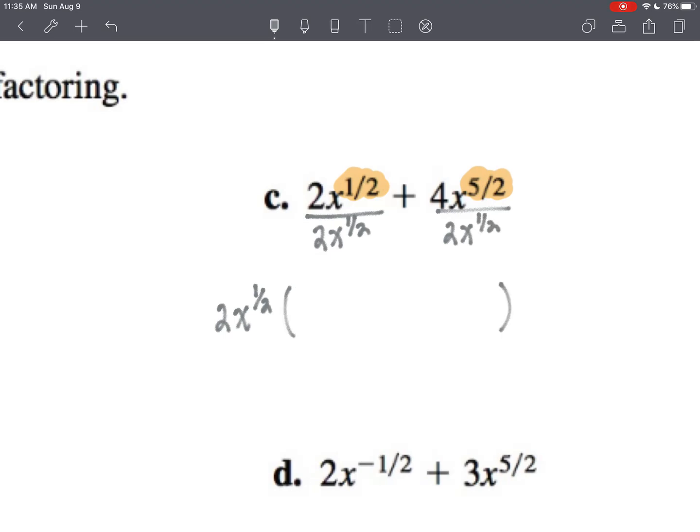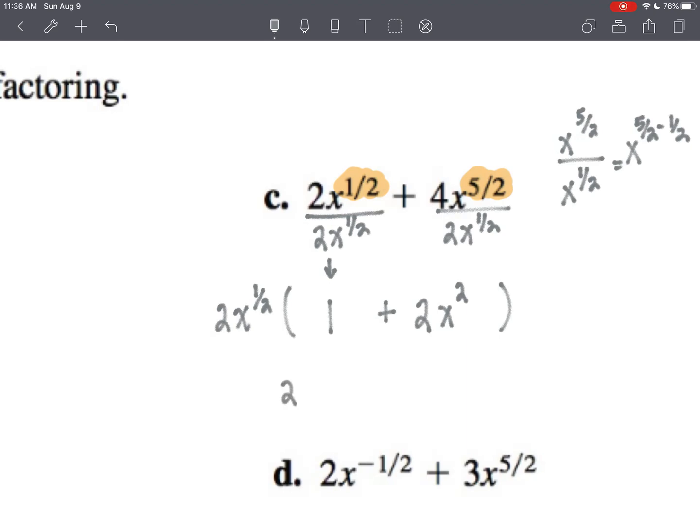That's going to leave me with a 1 for the first term, plus 4 divided by 2 is 2. And then remember, when you have division of exponents, you're going to subtract. So that's going to equal 5/2 minus 1/2, which is 4/2. And 4/2 is 2, x to the second power.